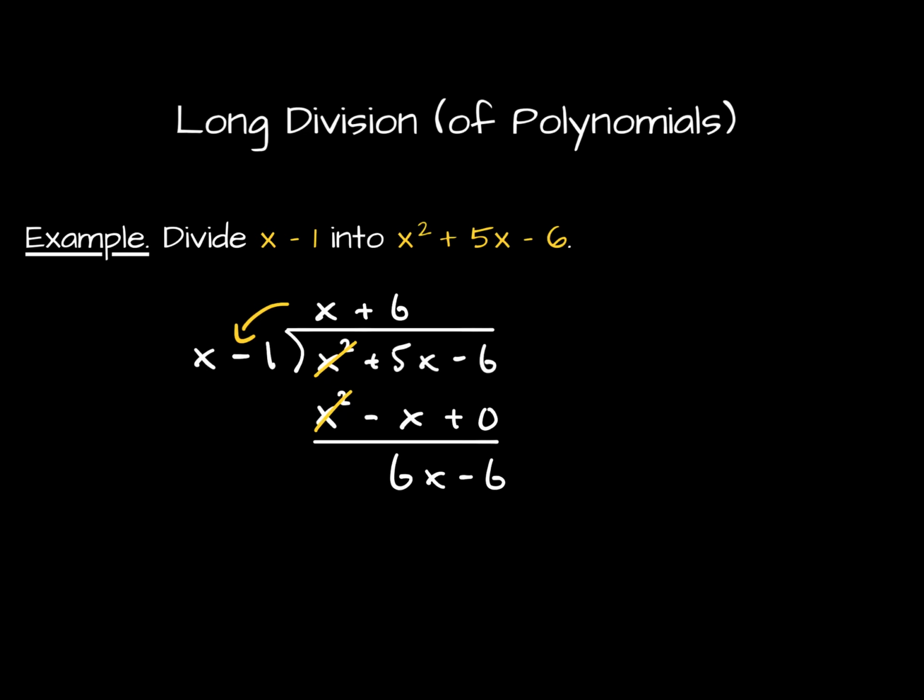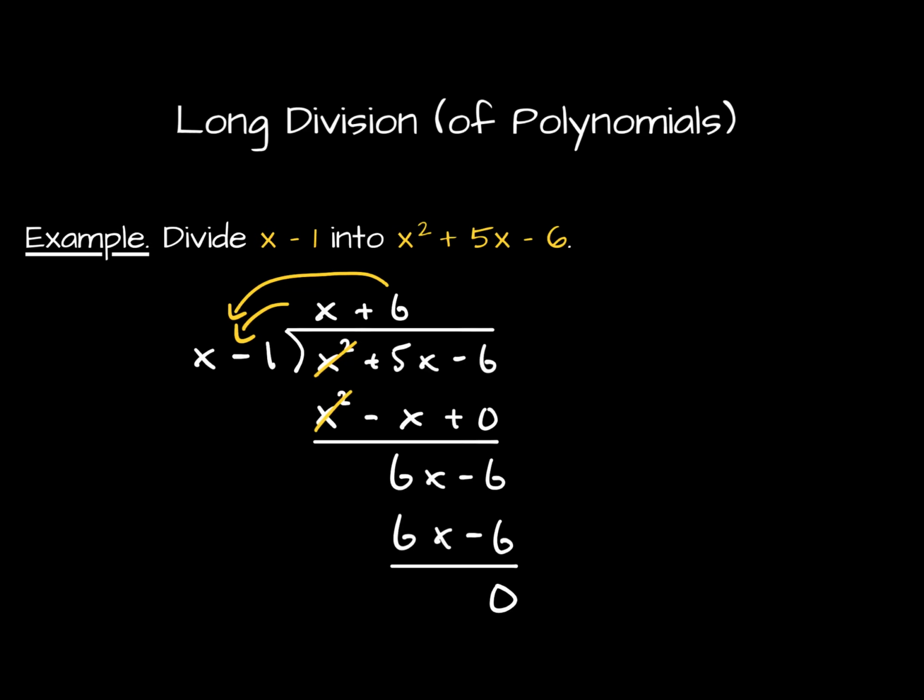And now we will multiply that 6 by x minus 1 and write down the result. 6 times x minus 1 is 6x minus 6. We once again subtract, but this time we find that after subtracting, we simply get 0. And that signals that we have completed the long division.